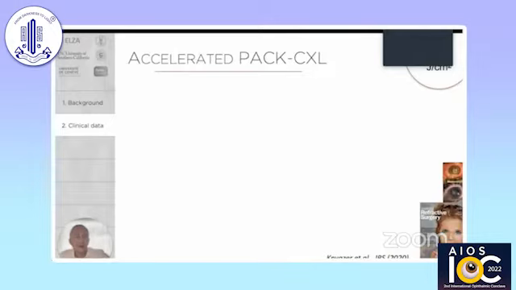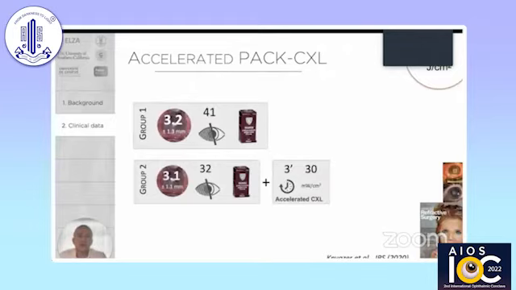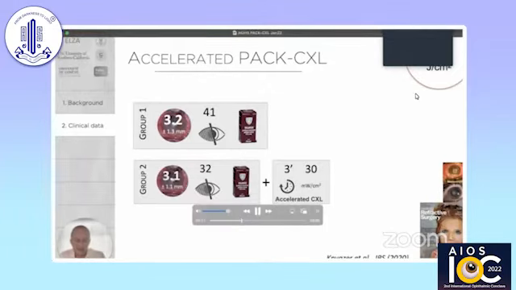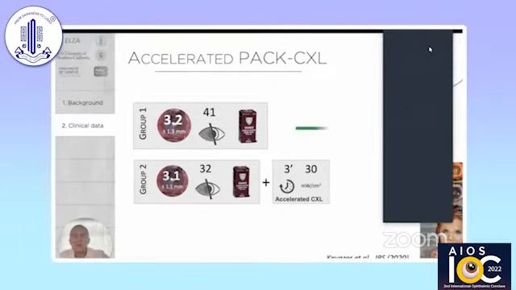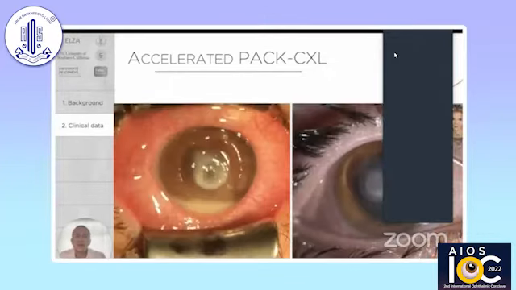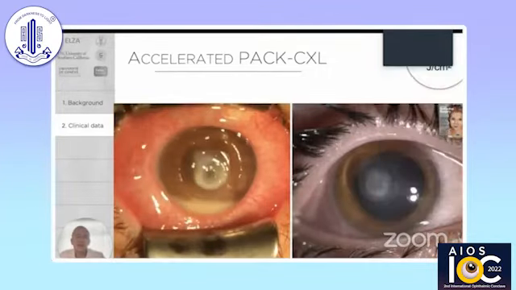So we kept the same total energy, but accelerated the settings from 30 minutes down to 3 minutes, and we compared cross-linking plus antibiotics against antibiotics alone in this larger study on bacterial keratitis, and what we found was a significant acceleration to healing. So the epithelium closed much faster when you performed additional cross-linking. Even in cases like this one here, the average ulcer size was a little more than 3 millimeters.